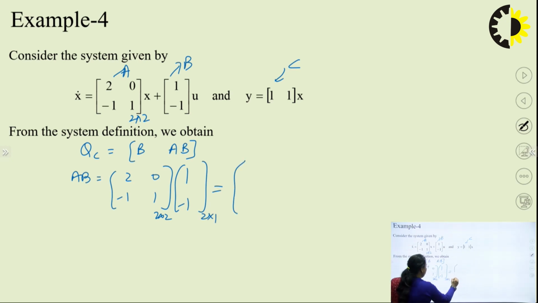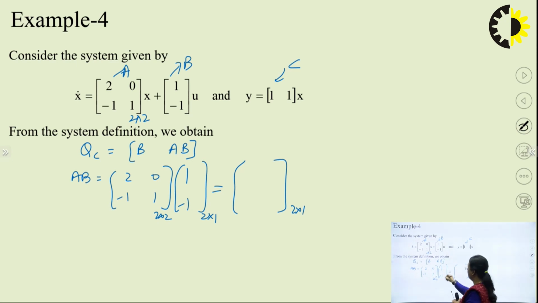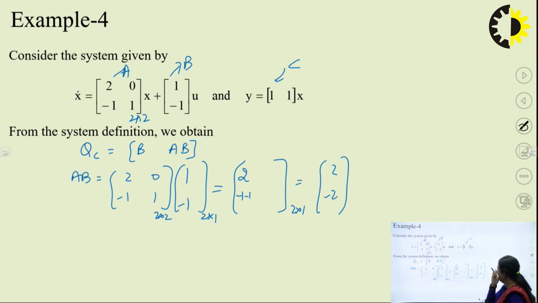So it is coming out to be a 2 by 1 matrix, which will be equal to this into this, that is 2, and this into this, that means minus 1 minus 1, so it is again minus 2. So a 2 by 1 matrix, 2 and minus 2, is coming. So QC can be written as: here B is 1 minus 1 and this is 2 minus 2.